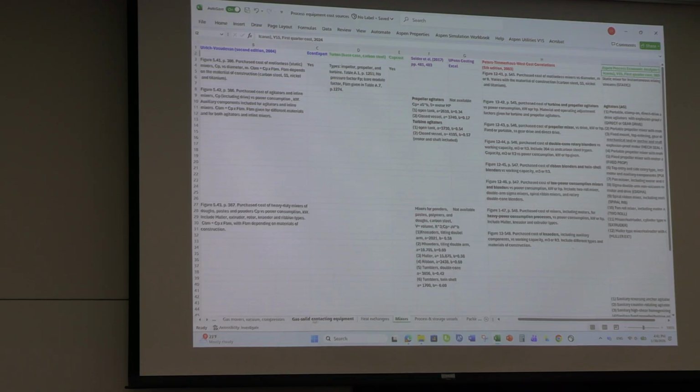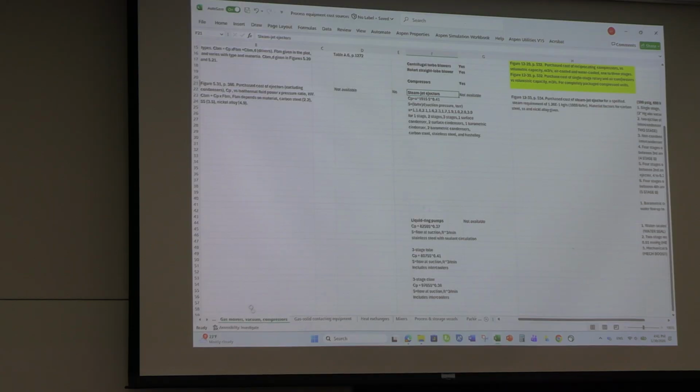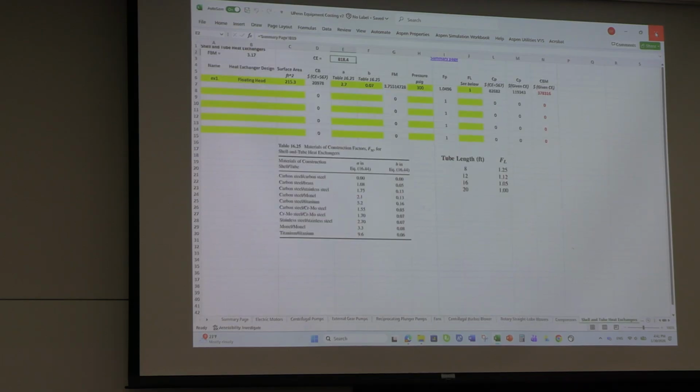Okay? Compressor. So this is our information that summarizes for you where you find the cost. 2 weeks to compile. You know that? Okay, that's it.